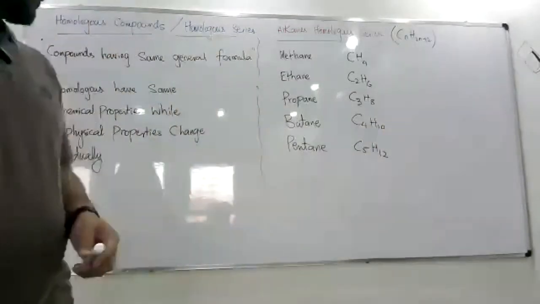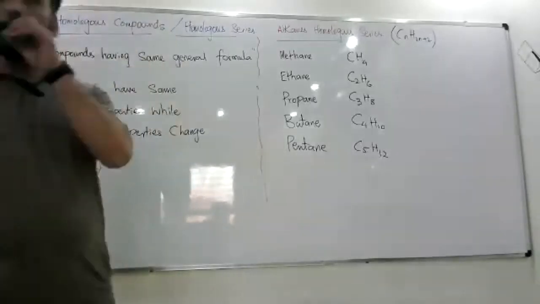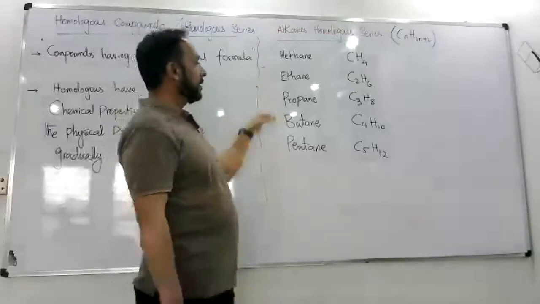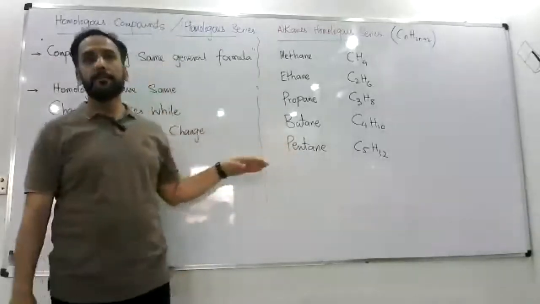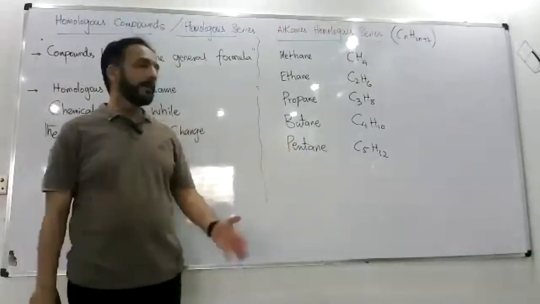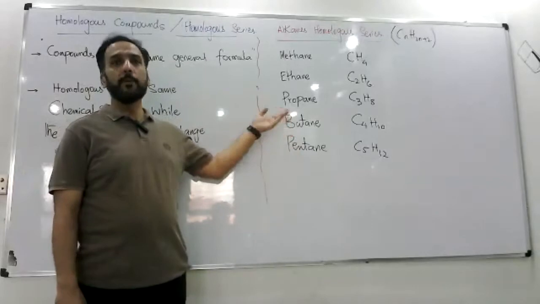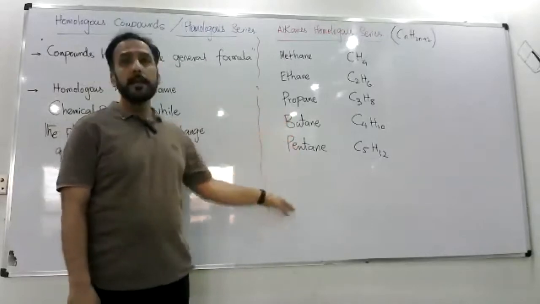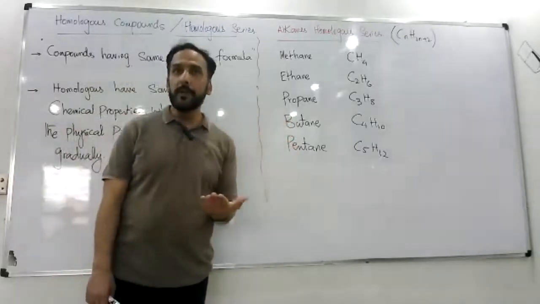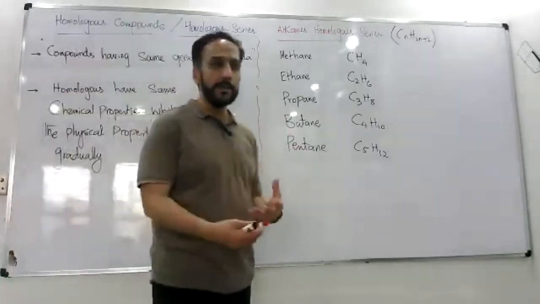Up in your O-level IGCSE syllabus, you have to memorize these series till 5 carbon chain. Pentane that you have to memorize them. I mean, when I say memorize, mean examiner could ask you the formula of pentane, butane, propane, etc. But isse aage, if they'll ask you the formula of the compound, they'll give you some solid information about it. You don't need to guess it.